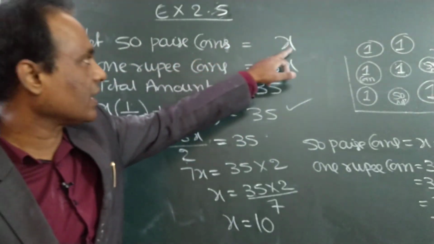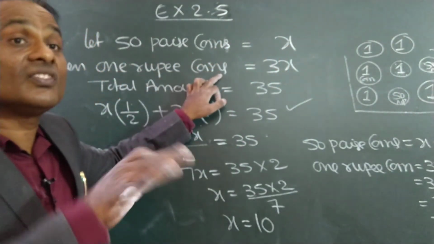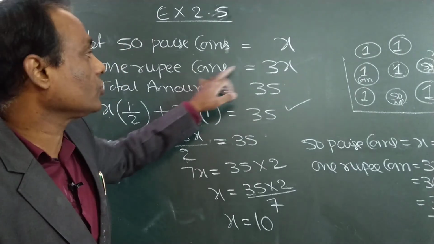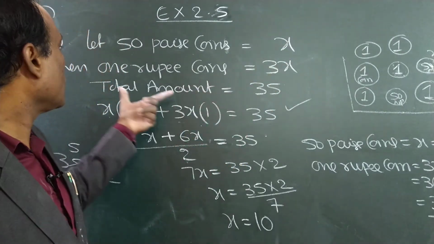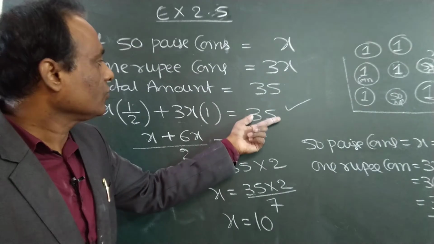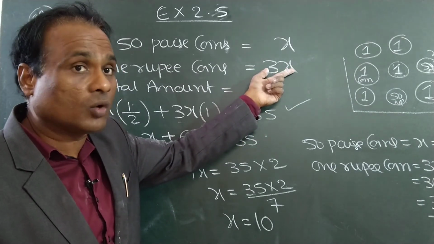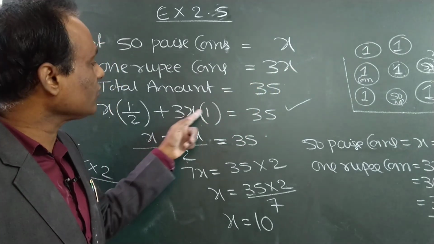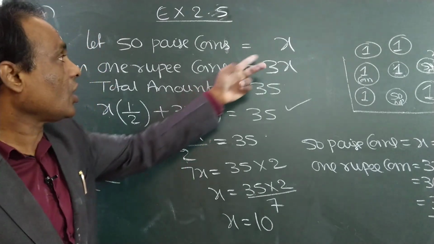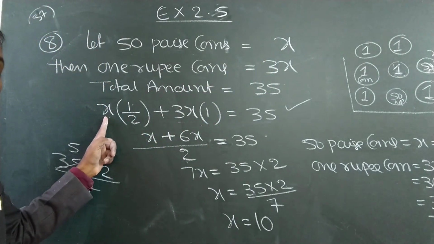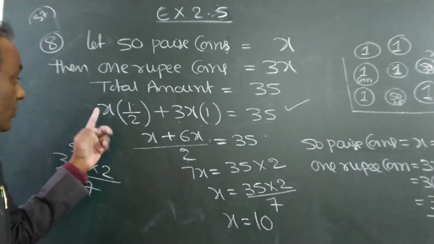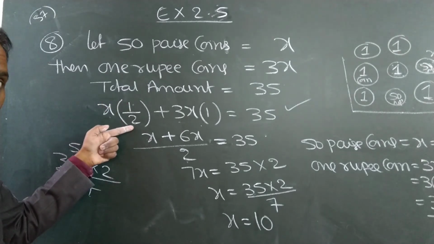50 paise coins are x, 1 rupee coins are 3 times of it, so 3 into x. The total amount we have is 35. How many 1 rupee coins do we have? 3x, each value 1 rupee only. How many 50 paise coins do we have? x. In terms of rupees, 50 paise means half rupee.